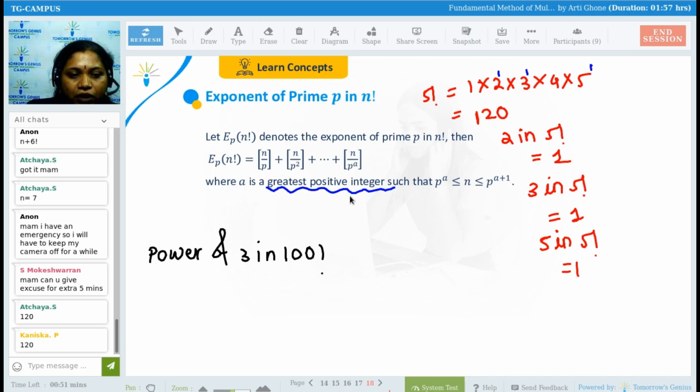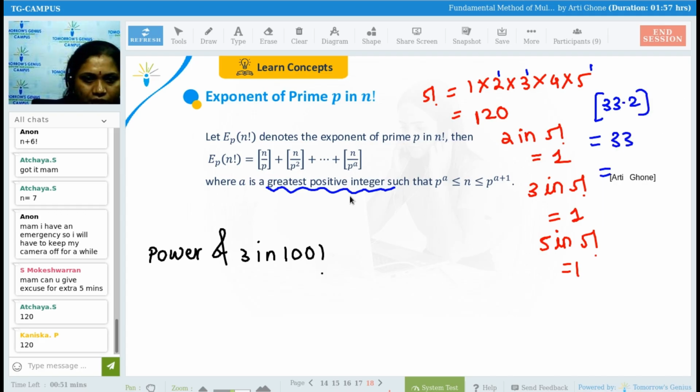We are taking the lowest integer. If I take the greatest integer of 33.2, what will be the answer? 33. If I take the greatest integer of 31.4, what will be the answer? 31. Clear? So this is the greatest integer function. Remember, we have already seen this in functions.